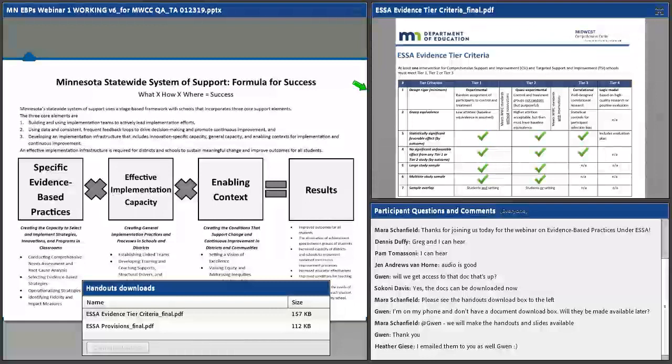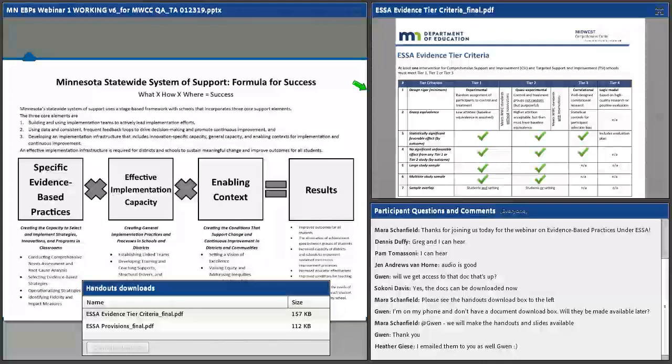Just to put into context that one of the requirements in ESSA is that school improvement plans have at least one evidence-based practice that meets one of the top 3 tiers of evidence. And while that's important, and while school improvement plans should have at least that one practice in them, just to remind everyone that we see that as one piece of our larger work.